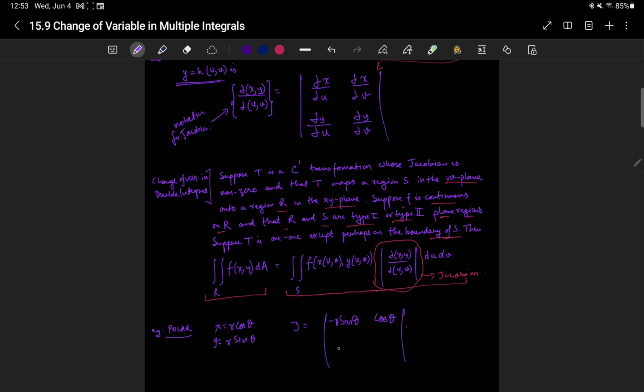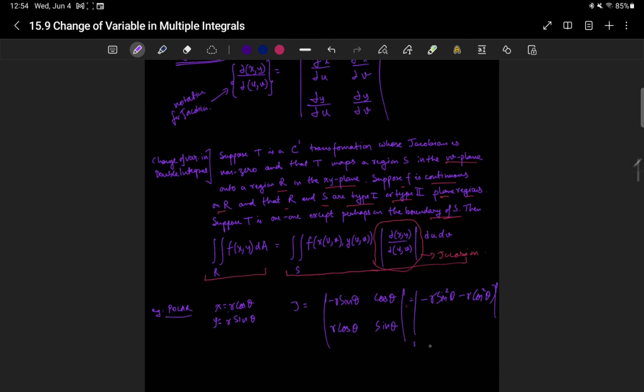Then we have del y over del theta, which is r cosine theta, and del y over del r, which will be sine theta. The determinant is the cross product, so we have the absolute value of negative r sine squared theta minus r cosine squared theta, which gives you r because sine squared plus cosine squared is 1, and that is our factor.